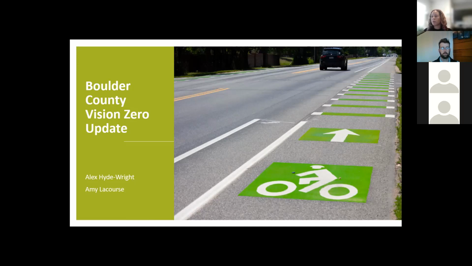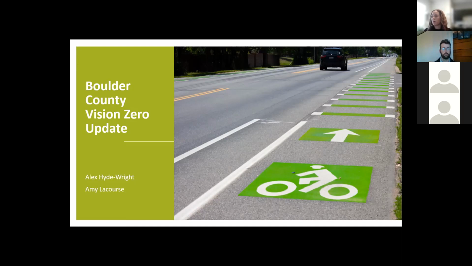So in support of our Vision Zero goal, we're continuing to develop the county's first Vision Zero plan, which includes an analysis of traffic crash data from 2009 to 2018 and an action plan.